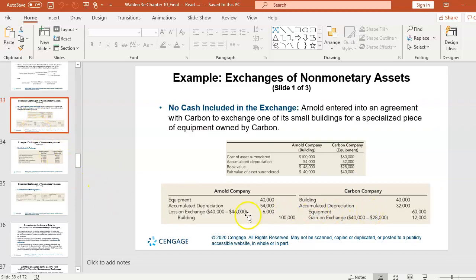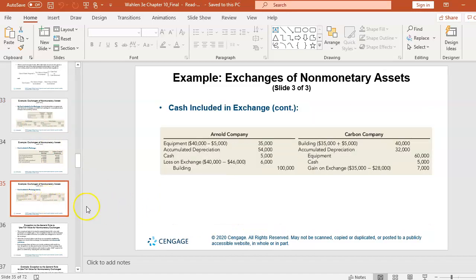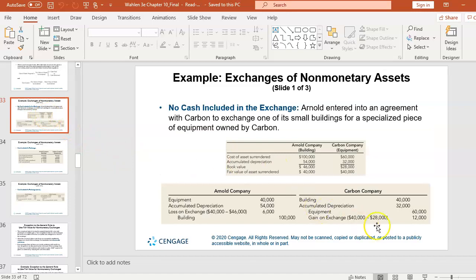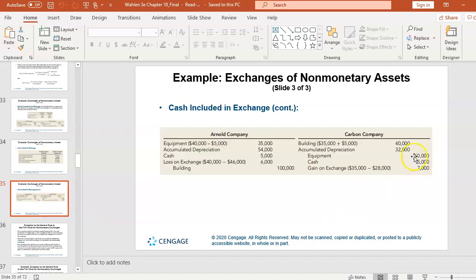You can see for Arnold on the left-hand side, they incurred a loss of 6,000 with no cash. When they include the 5,000 cash, there's still a loss. But for Carbon, when they did this no cash trade, they had a gain of 12,000. When they threw in cash, though, that gain went down to 7,000.